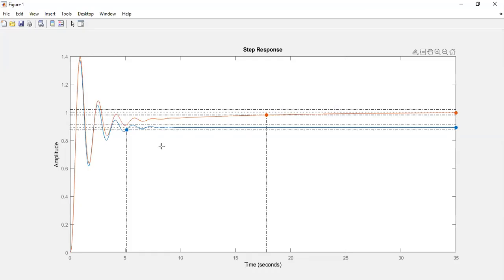But if you look very carefully, both of them get to that initial value of 0.89 at relatively the same time. So they are entering this zone at the same time. Because of the extra effort taken to reduce the error, the other one takes a bit more time to get settled and to have zero steady state error.